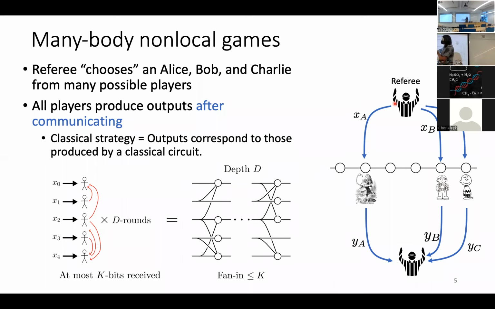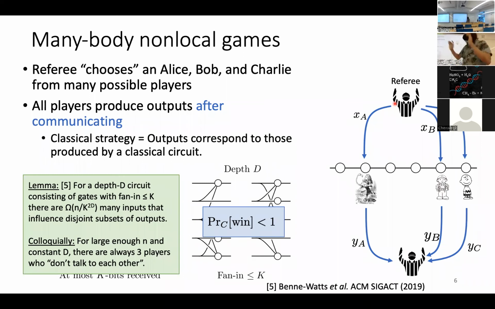These types of communication-assisted classical strategies can be mimicked by depth d classical Boolean circuits consisting of Boolean gates with fan-in less than or equal to k, right? Now, this seems like a very powerful and broad class of classical strategies. However, the real kicker is that whenever we consider a depth d circuit consisting of gates with bounded fan-in, it's been shown that there is a macroscopically large subset of inputs that influence disjoint subsets of outputs.